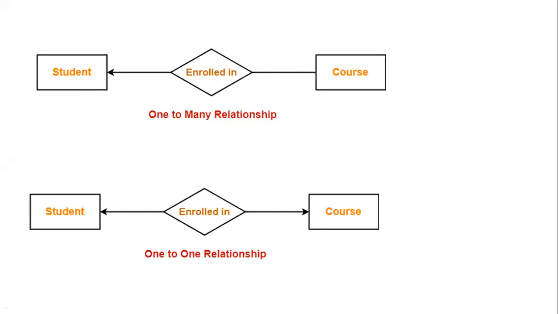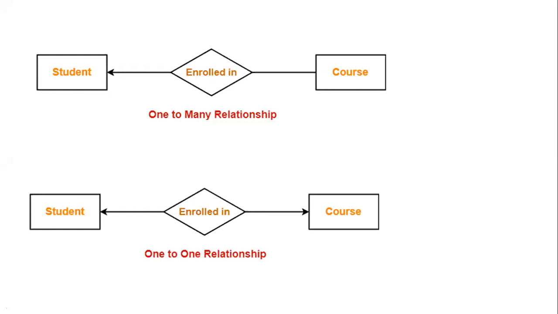Second example, for the same scenario: suppose there is a constraint that one student enrolls in one course only.